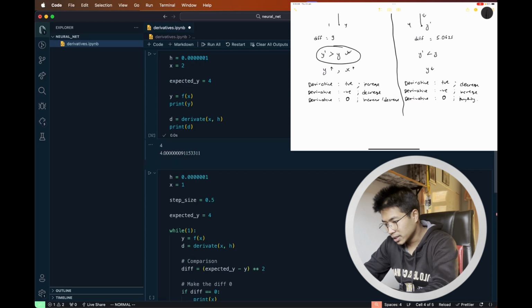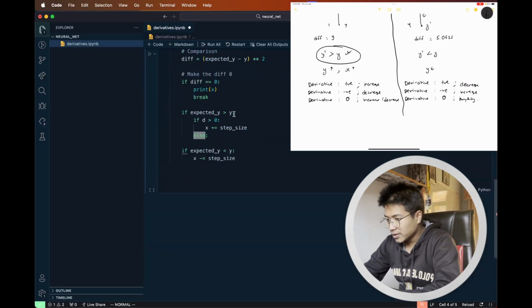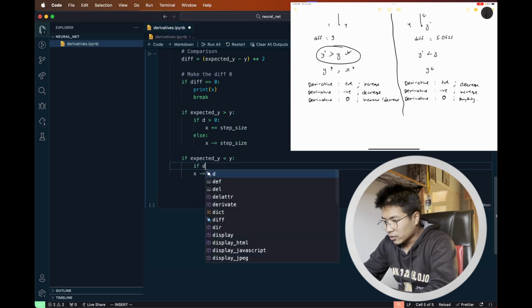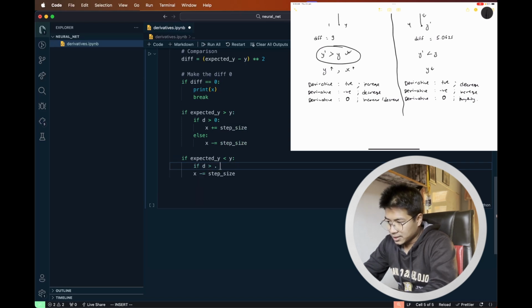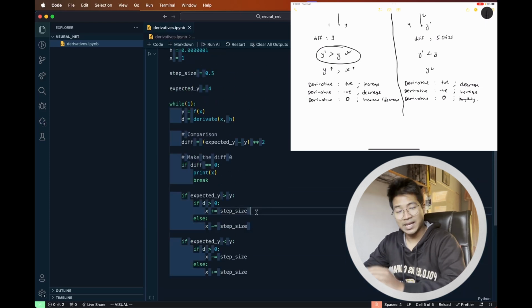So if you are greater than 0, then you'd want to increase. If you are less than 0, let's say you'd want to decrease the step size. Over here it's the same kind of concept. D greater than 0 would mean that you'd want to decrease, right? It's positive, you decrease. If it is negative, you would want to increase. Does that make sense?